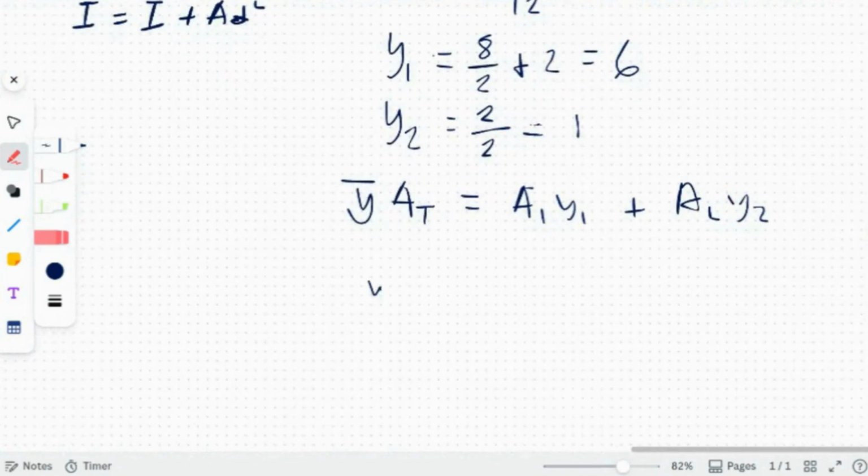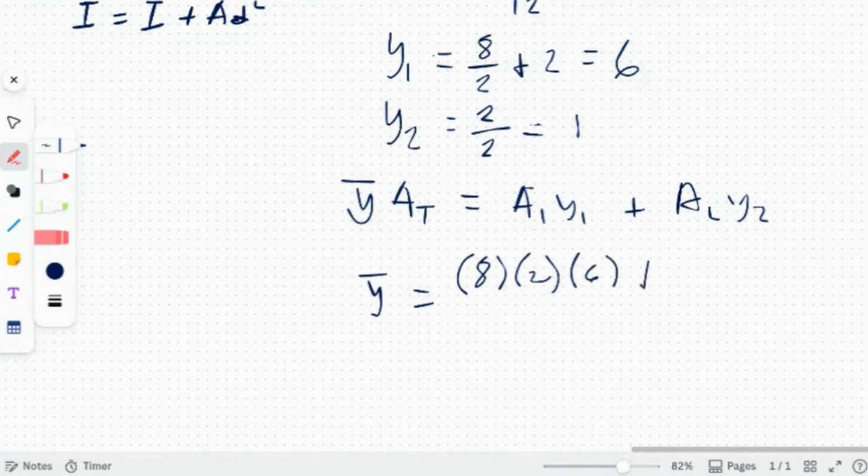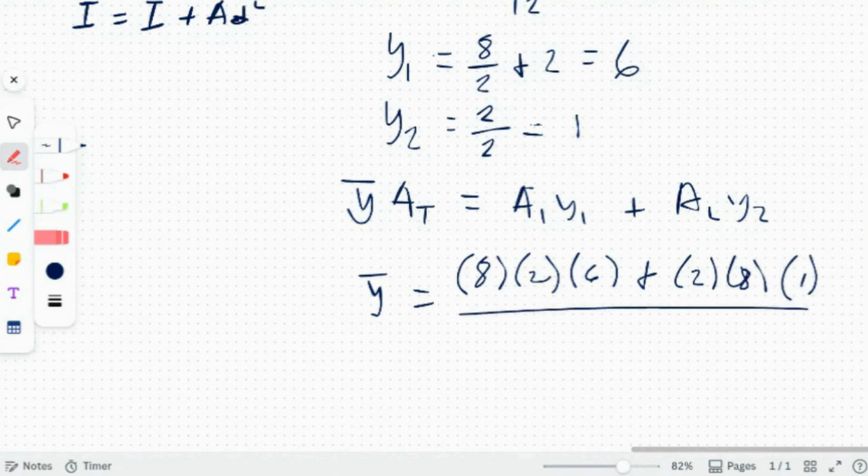So in this case, y bar is equal to 8 times 2, 16, times y1, which is 6, plus area 2, that's 2 times 8 times 1, all over 8 times 2, 16 plus 8 times 2, 16.